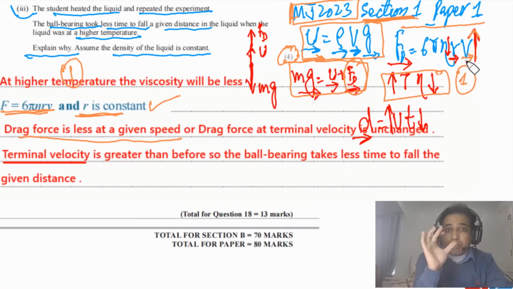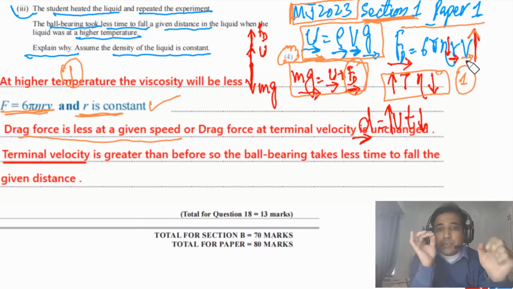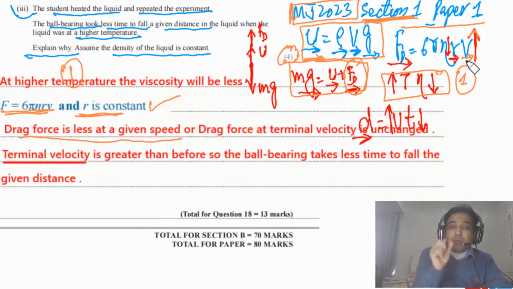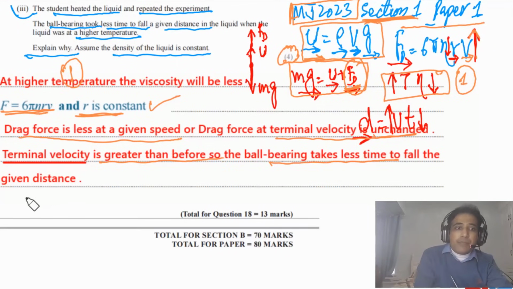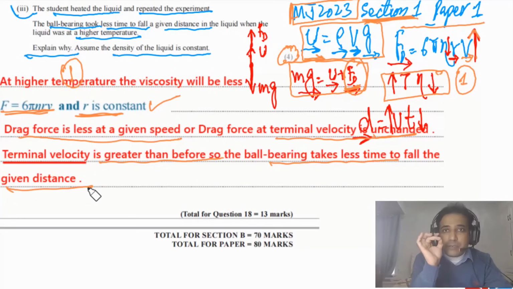This means at any given speed, when the temperature is higher, drag force will be lower because viscosity is lower. But terminal velocity will be greater. So drag force at terminal velocity is unchanged, meaning it is constant. Terminal velocity is greater than before, so the ball bearing takes less time to fall the given distance.